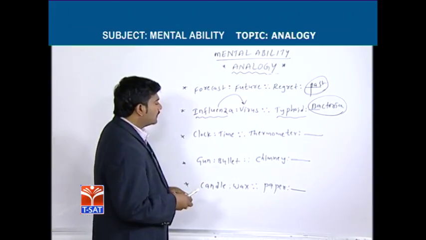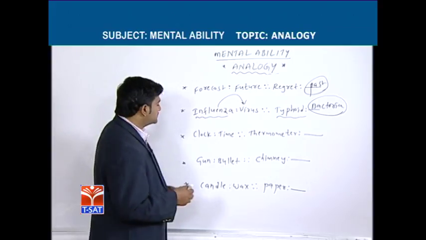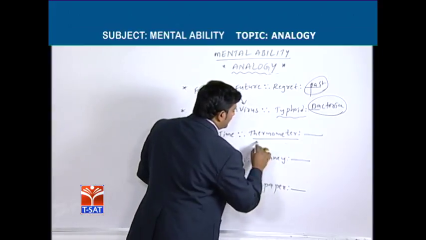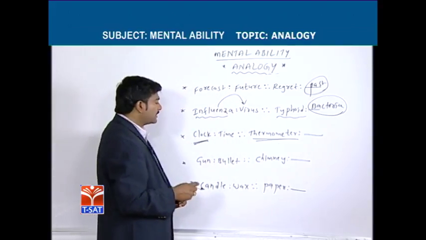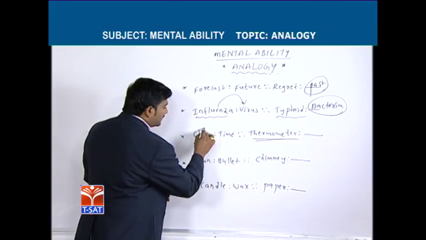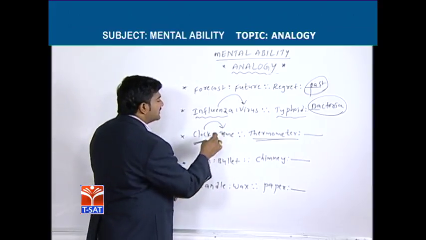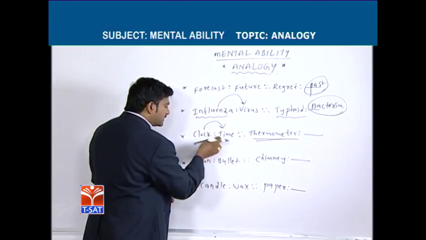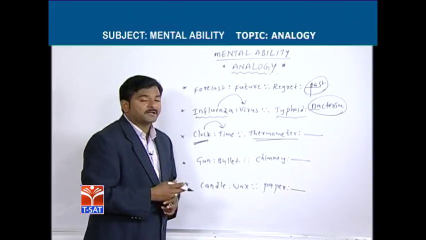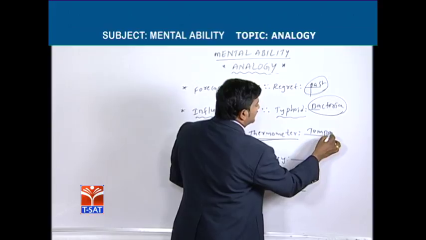See, observe here: clock, time; thermometer, dash. One thing is clear: a clock is a kind of machine, similarly a thermometer is a kind of machine. With a clock we can find out the time, or in reverse, time can be measured by using a clock. Similarly a thermometer is used to measure the temperature.